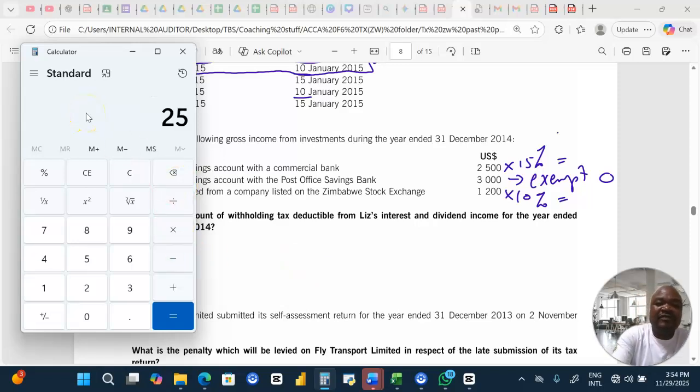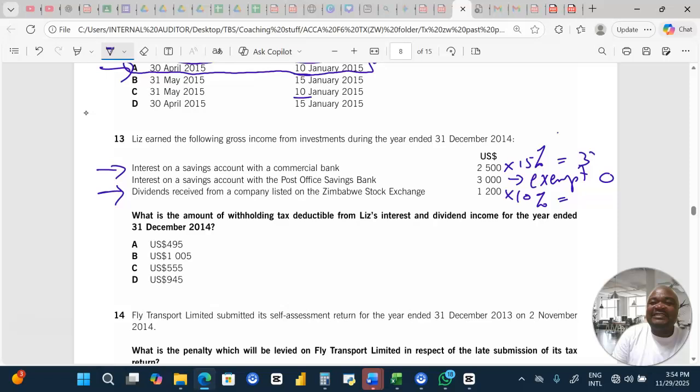Anyway, that's 2,500 multiplied by 15%. Oh my God, tax has been made simple this December 2025. Here, that's 1,200 multiplied by 10%. This should be 120.